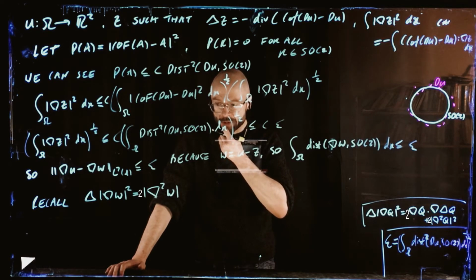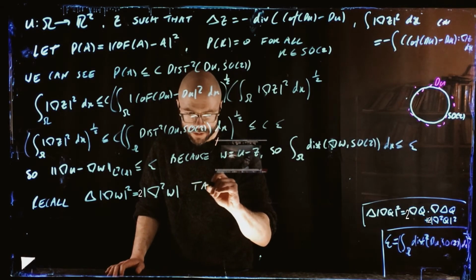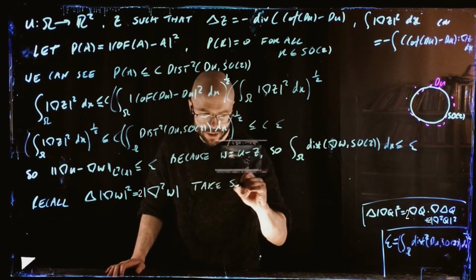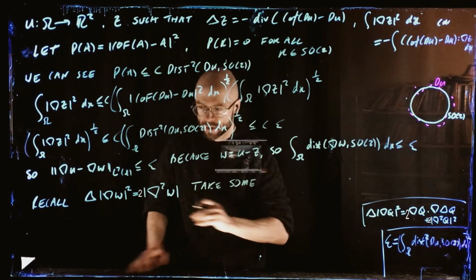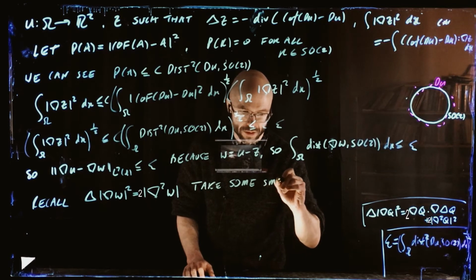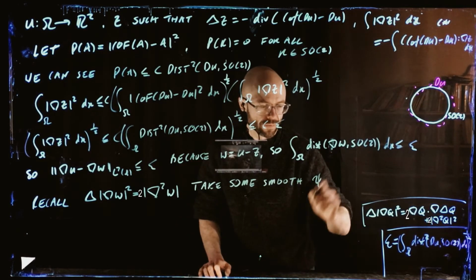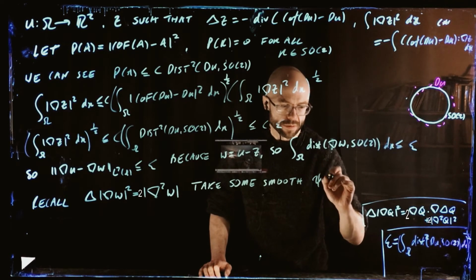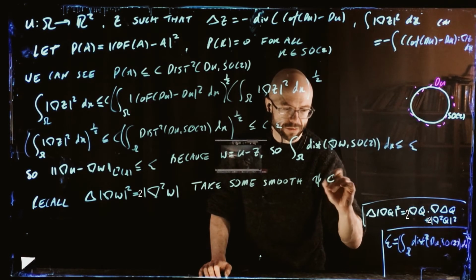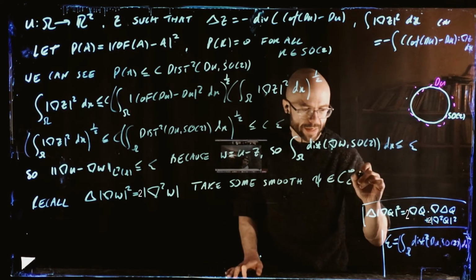So what we do is take some smooth function phi, which is a scalar valued function. So I'm going to write C, which means it's got compact support.